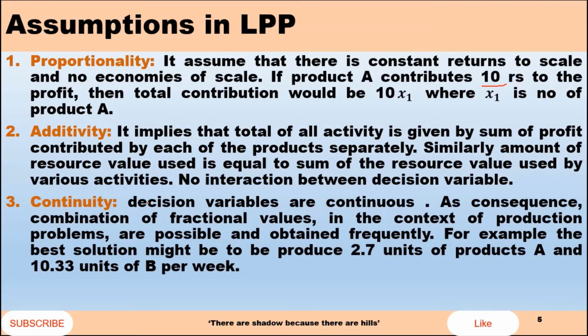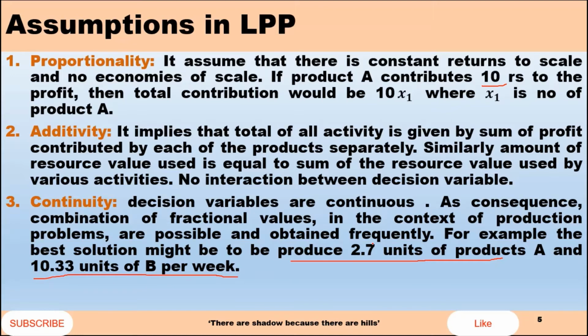Next is continuity. Decision variables are continuous as a consequence. Combinations of fractional values in the context of a production problem are possible and obtained frequently. For example, the best solution might be to produce 2.7 units of product A and 10.33 units of product B per week.